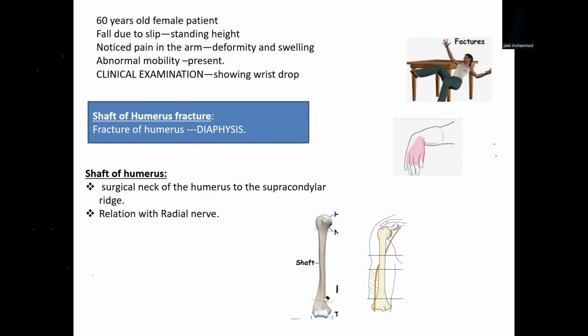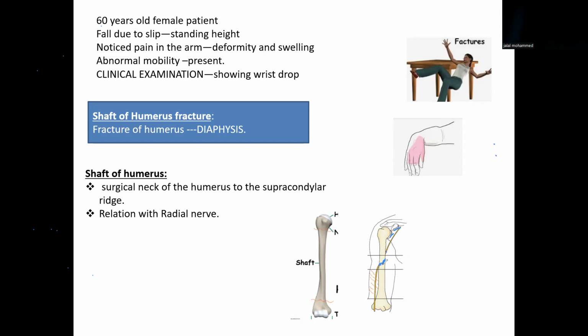The second thing you need to remember is the close vicinity of the radial nerve. The radial nerve is very close to the humerus. If you see, this is the radial nerve coming from the brachial plexus. It goes into the posterior compartment of the arm, and this is your radial groove. Here it is in very close relation with the humerus.